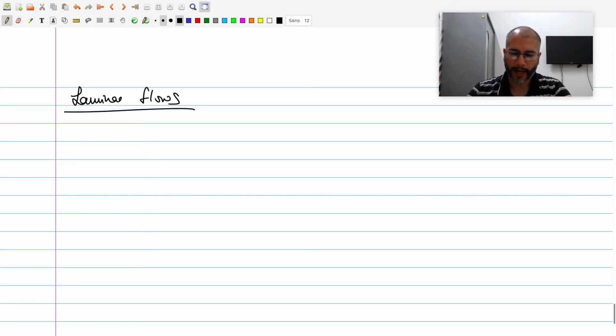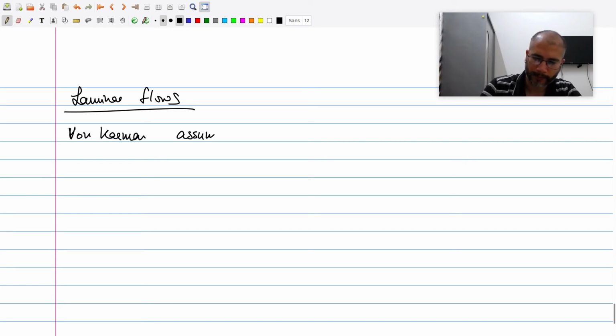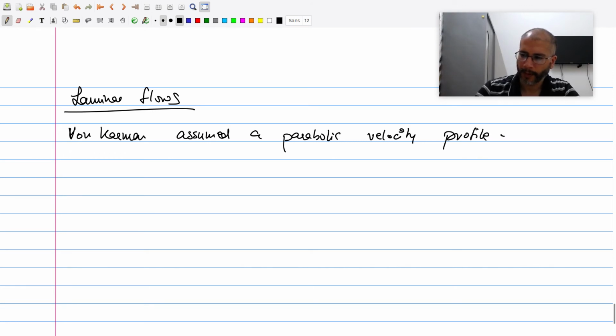So what von Karman did is assume that the flow velocity profile is parabolic. Now don't confuse this parabolic profile with what you get in a pipe. In a pipe the profile is parabolic from the solution of the Navier-Stokes equations.